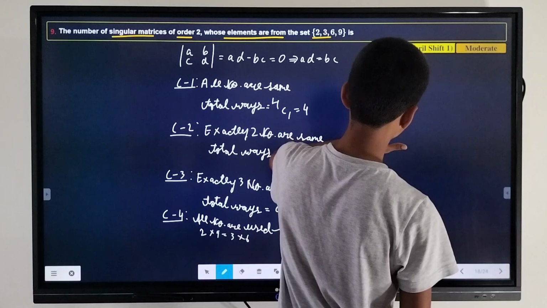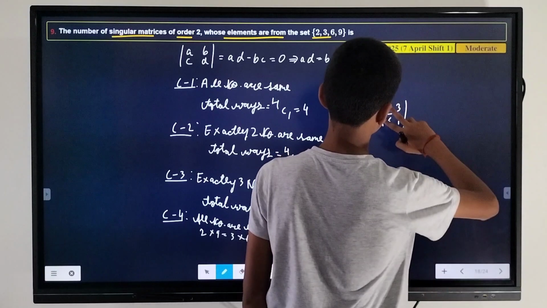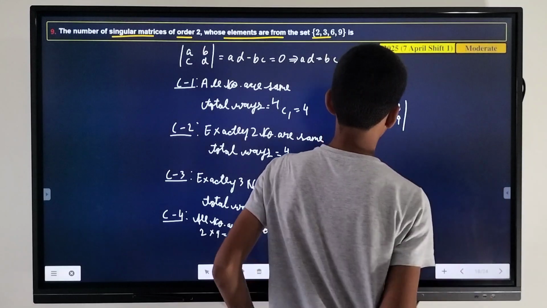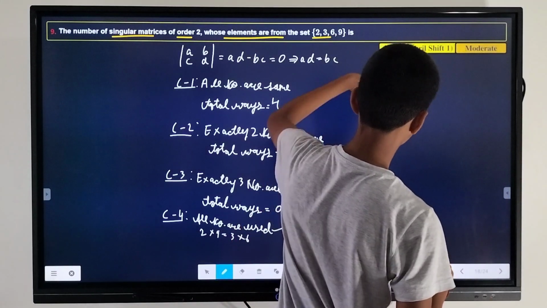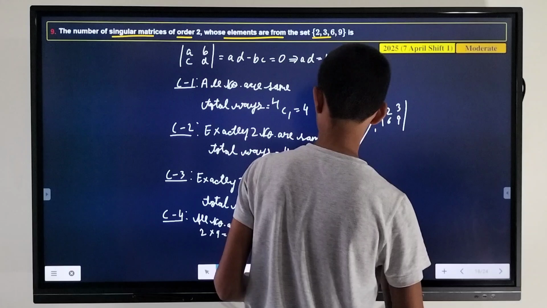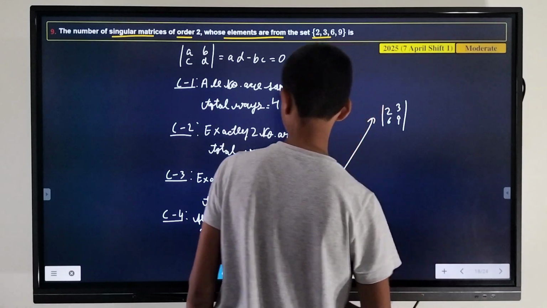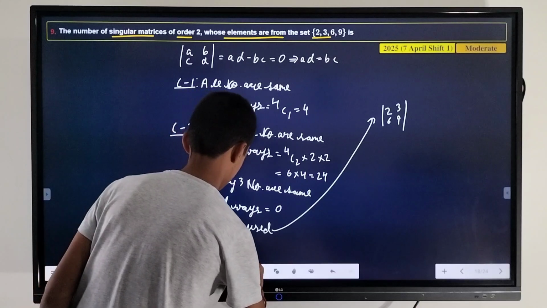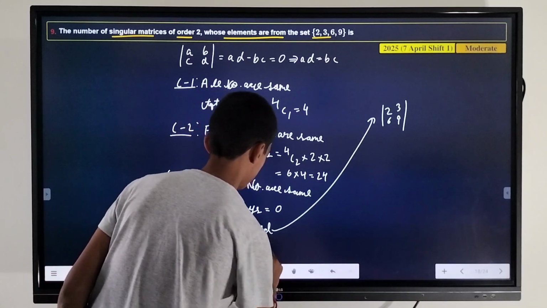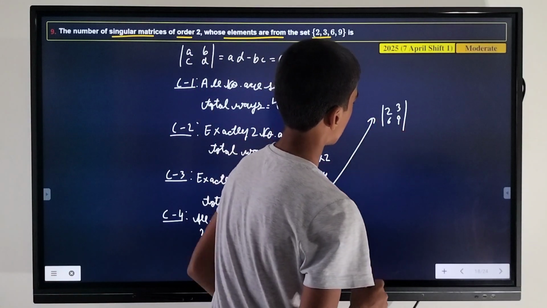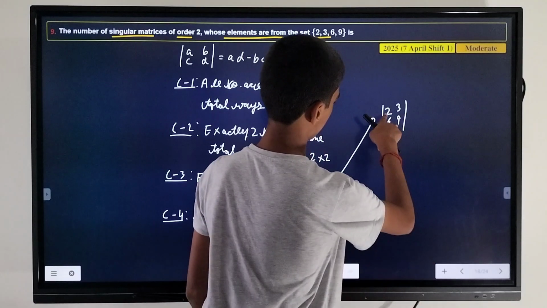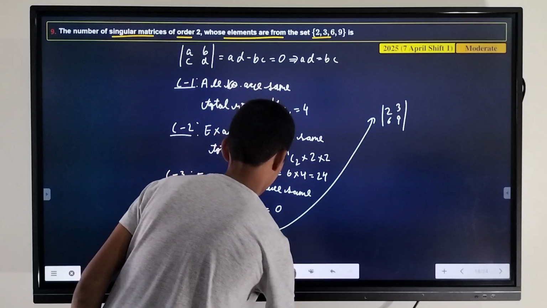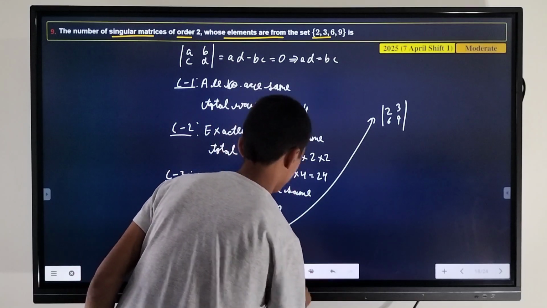We can change order of 2, 9 and 3, 6, and it can also be on the other diagonals. Here total ways is equal to 4 in this case, and in the other case where 2 and 9 will be written in the place of 3 and 6, so into 2, this is equal to 8.